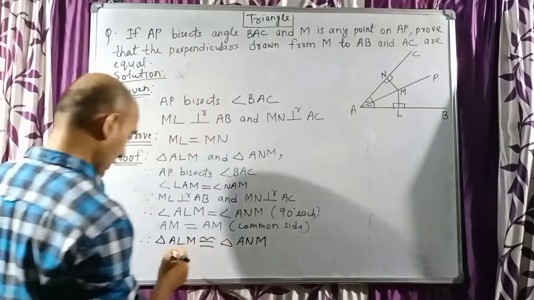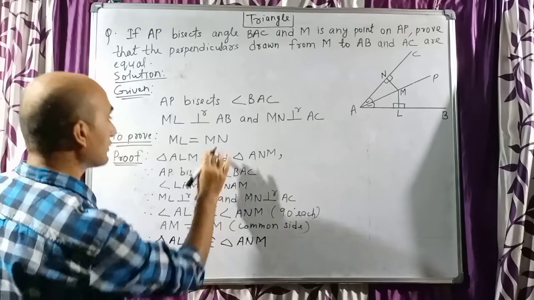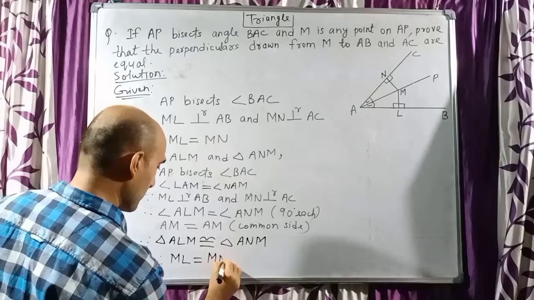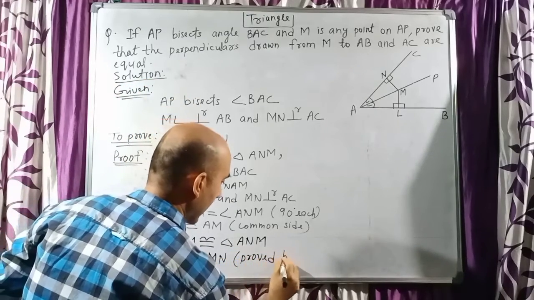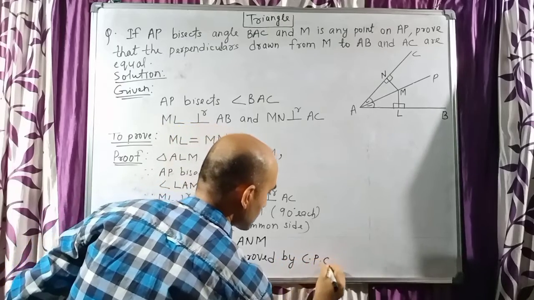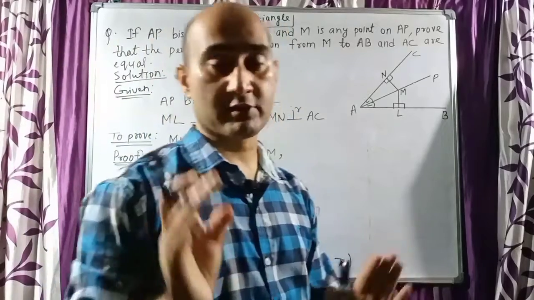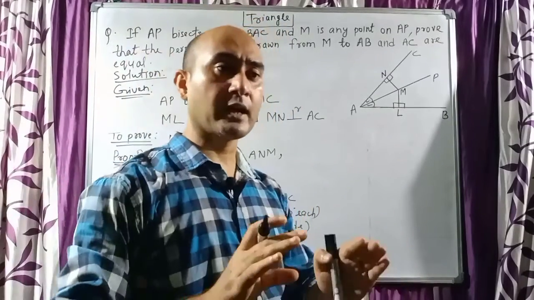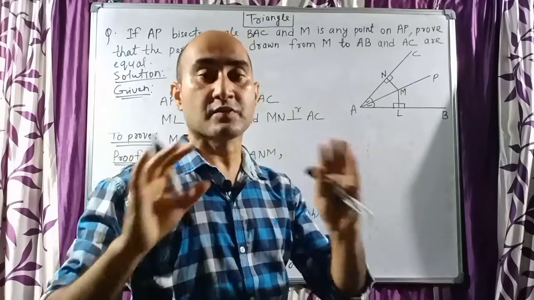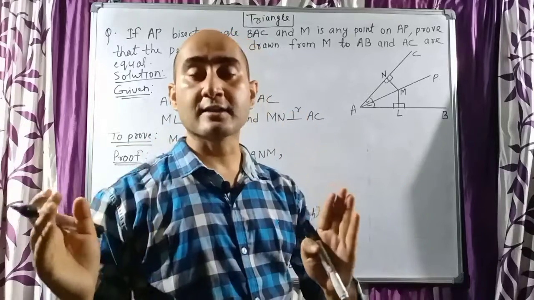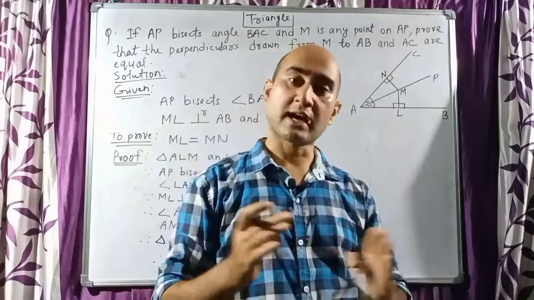So I can now say, therefore, ML is equal to MN. Proved. But how? By CPCT. CPCT means corresponding parts of congruent triangles, which means when two triangles are congruent, automatically the other remaining sides and angles are also equal. So this is a remaining side and they are corresponding sides, so they are equal.